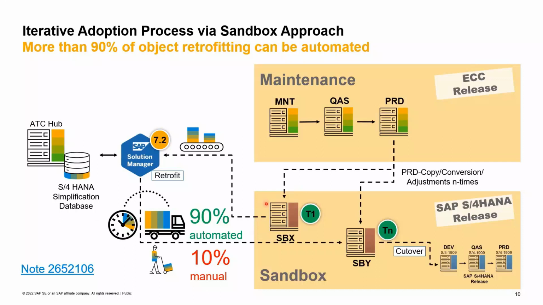The infrastructure itself is the same, but you are doing one-to-many iterations. You copy the productive environment and upgrade it to an S/4HANA system. Three or six months later, which is the typical scenario, they copy the productive system again and retrofit, keeping the T1 and the TN in sync.